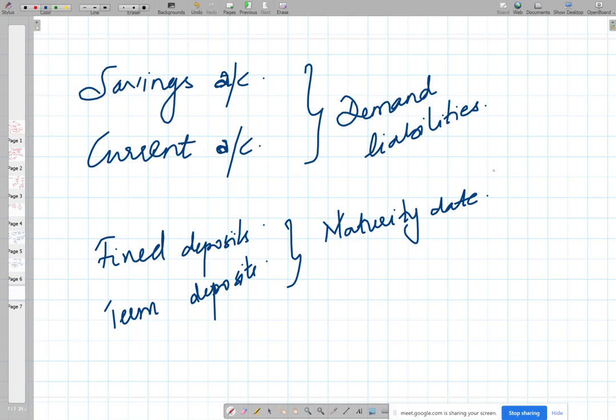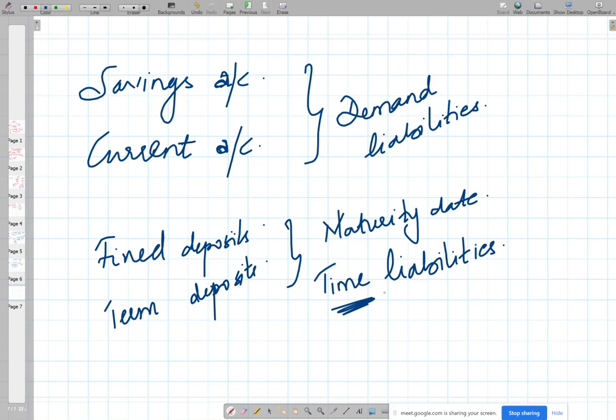It may get renewed. Since these deposits remain with the bank for a fixed period of time, they are known as time liabilities.